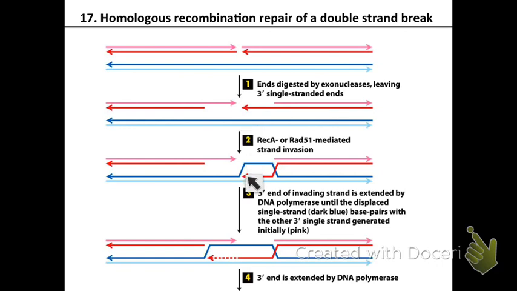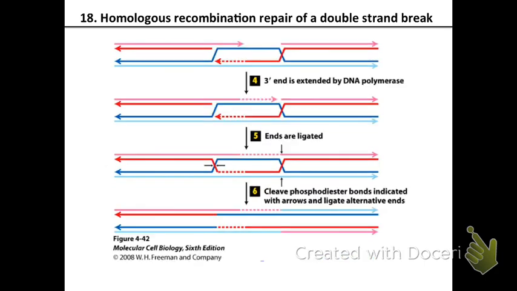They're going to invade the sister chromatid and start extending. And that extension is going to continue until you have formed a Holliday junction by ligating these two ends. And then the Holliday junction is going to be resolved, leaving you with two intact sister chromatids. So this is basically homologous recombination that occurs due to having a double-stranded break.